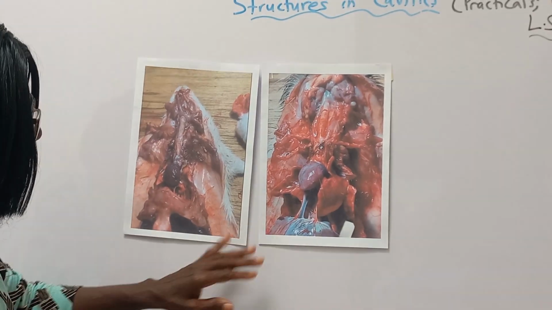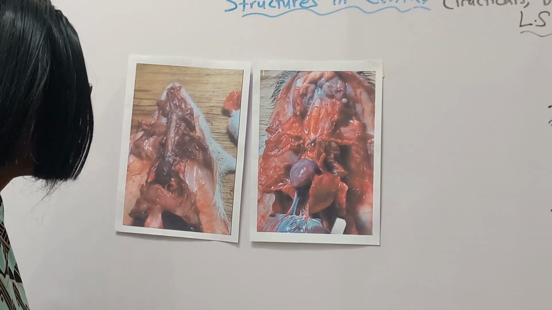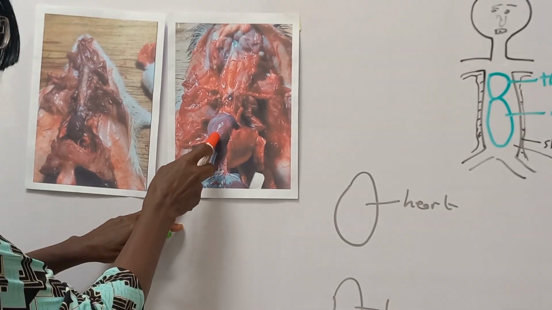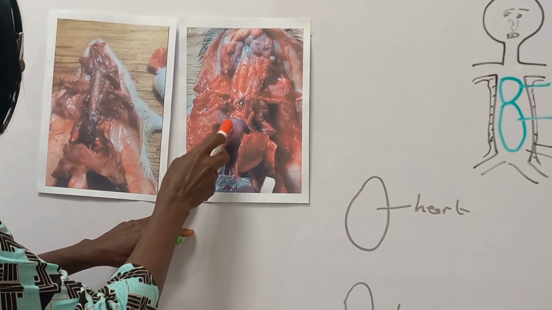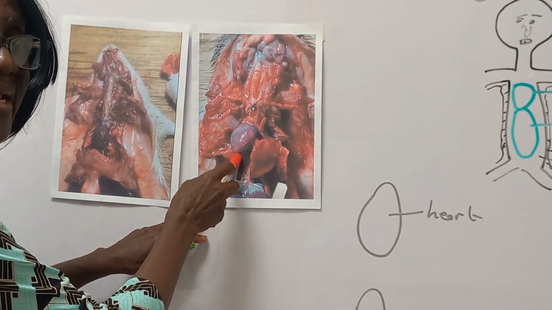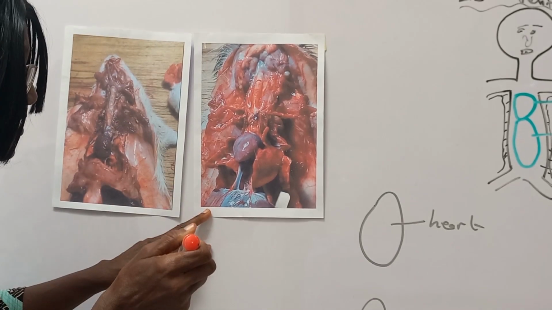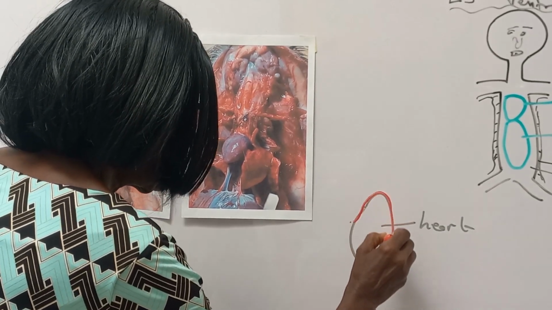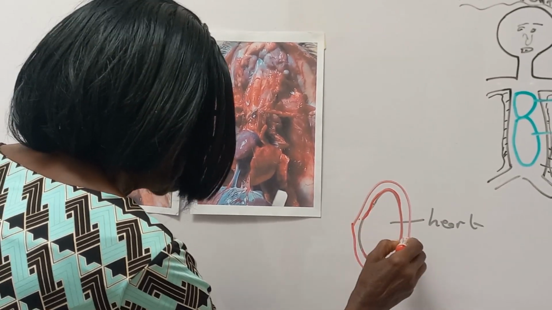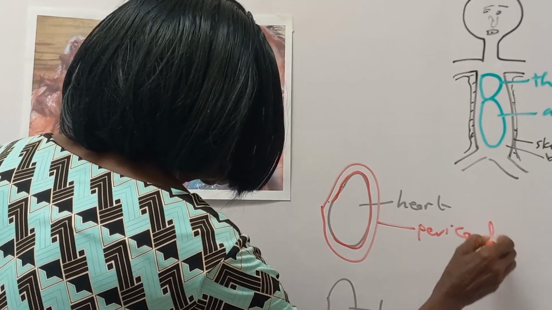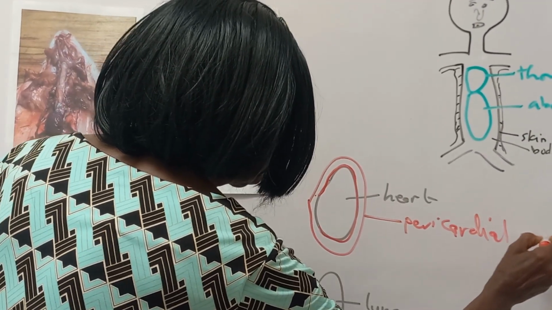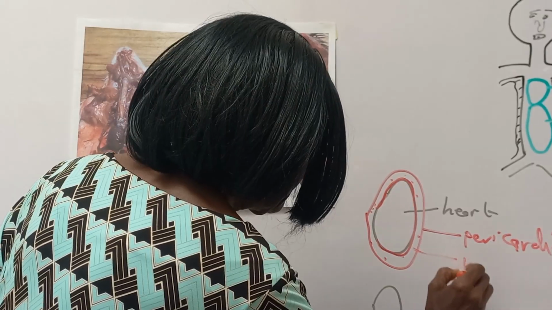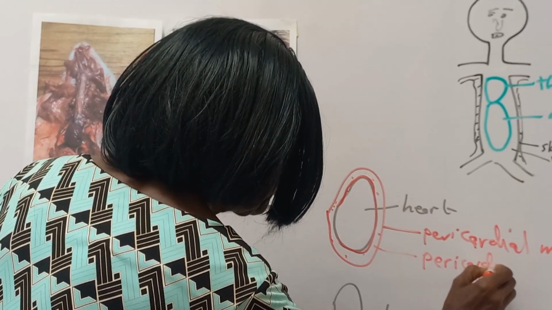Now we also want to note that the heart has a membrane around it, and the membrane encloses a fluid. We have a membrane very close to it, and this membrane is the pericardial membrane. There's a fluid in it, and it's pericardial fluid.